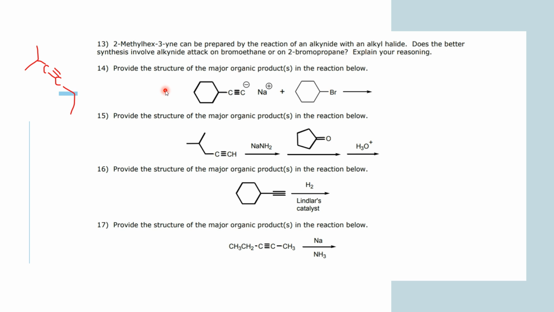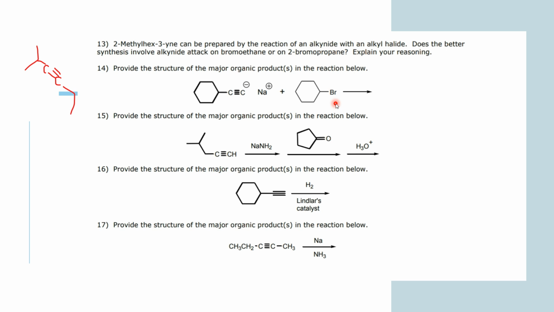Provide the structure of the major organic product in the reaction below. You are given an alkynide where you have a negative charge on the sp orbital of this carbon atom, and sodium is the counter cation, and you are reacting it with an alkyl bromide.